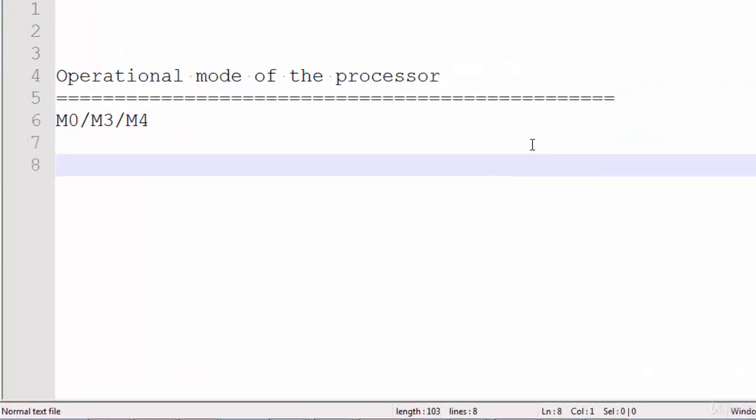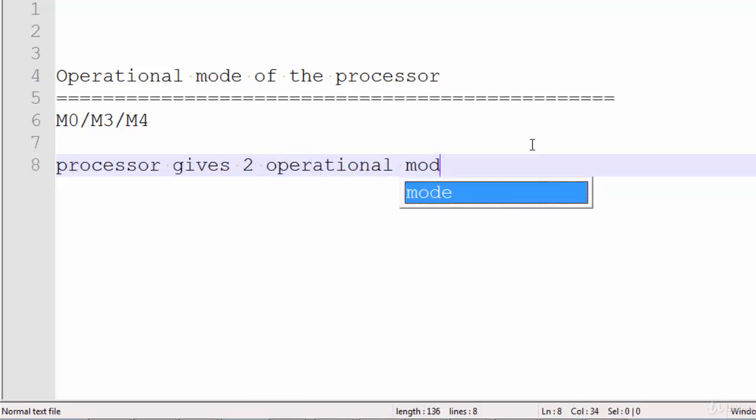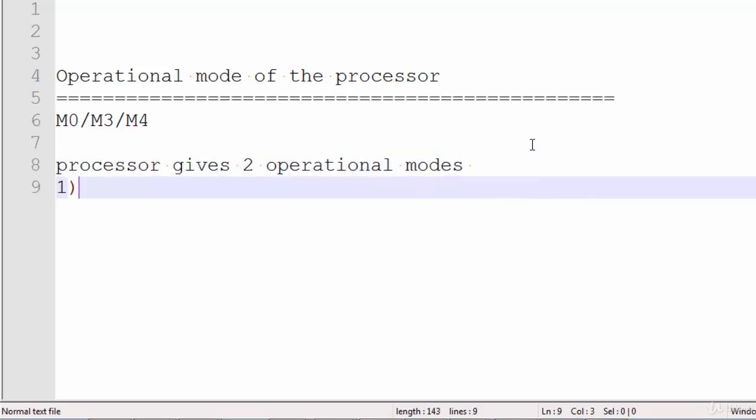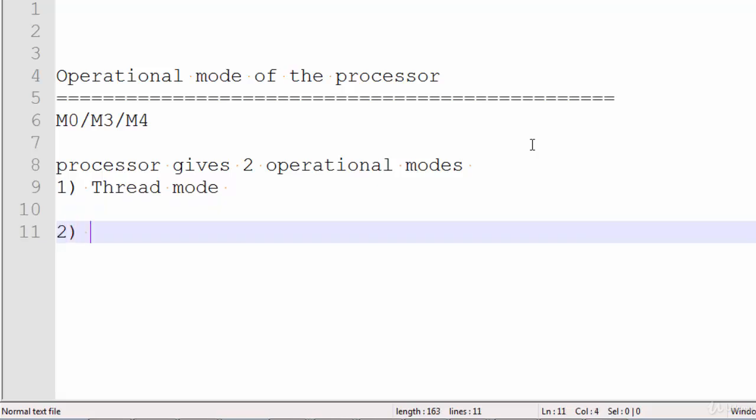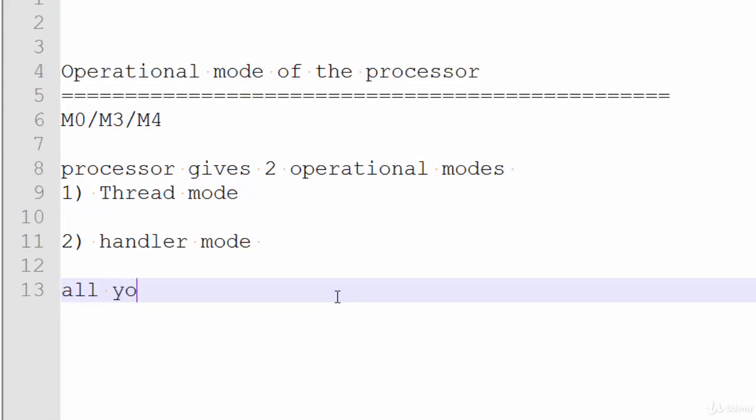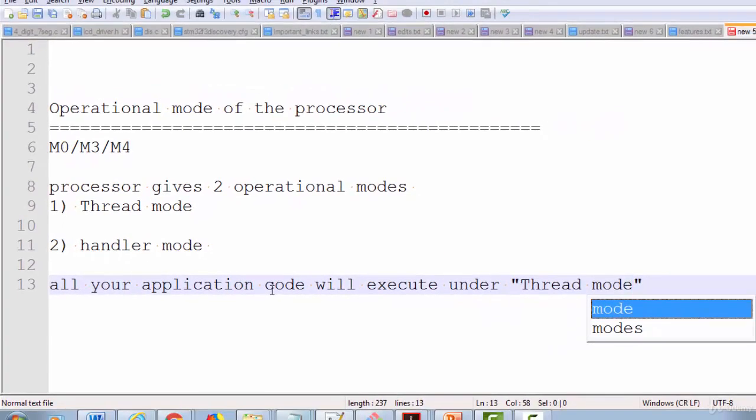Okay, so the processor actually gives two operational modes. One is called thread mode and another one is called handler mode. So all your application code will execute under thread mode of the processor.